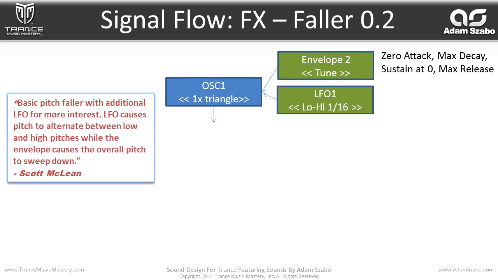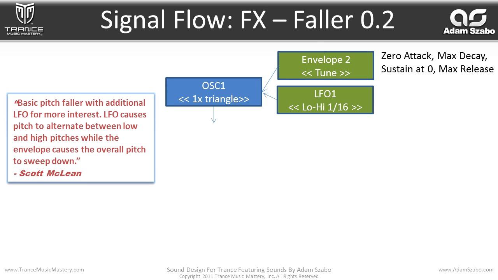So what's happening is this is a single oscillator with a single triangle wave, and there's an LFO and an envelope modulating the pitch on oscillator 1, or in the case of Zebra 2, the tune control. And envelope 2 causes the overall sweep down effect to occur, and then the LFO causes the alternating low and high pitch effect to occur, and it's synced at 1/16 notes.